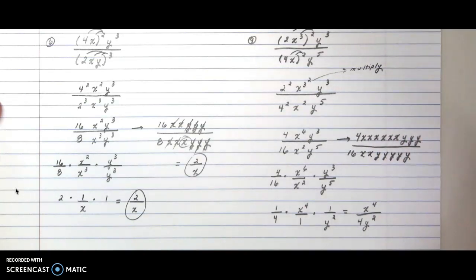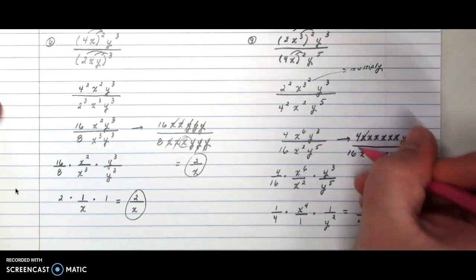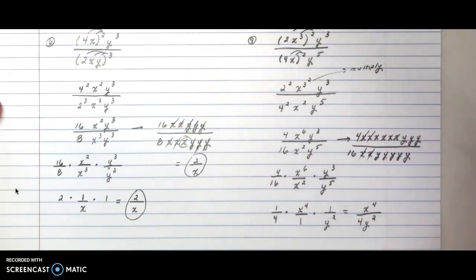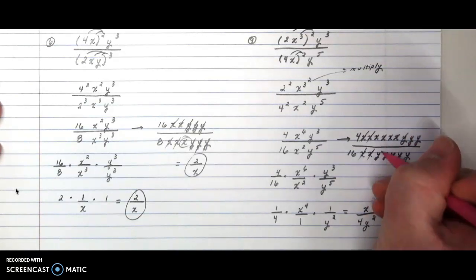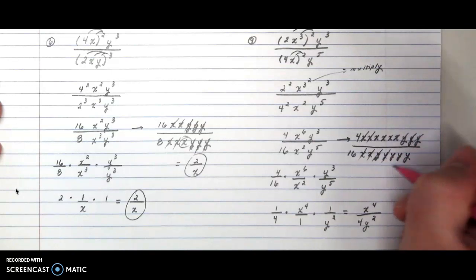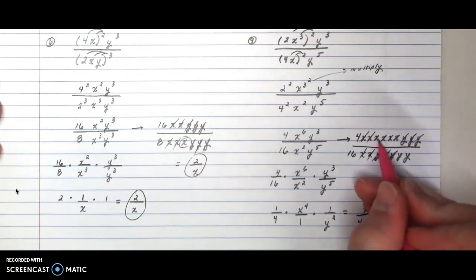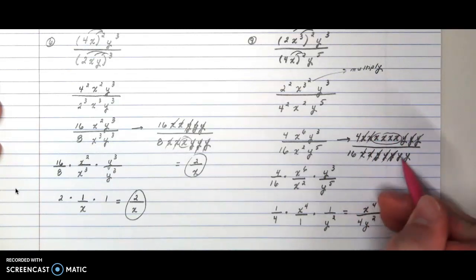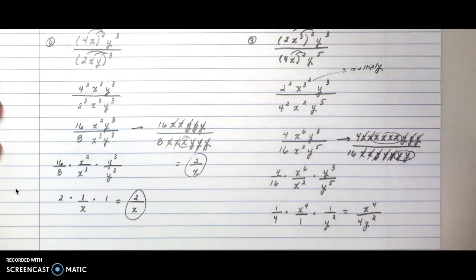So sometimes when you list out, you have to be a little more careful and make sure that you're crossing things out properly. So x and x, x and x. We can't cross any others out. Here we have a y, y, y, and y. So do you see up top here we're left with those x's and we're left with these y's.